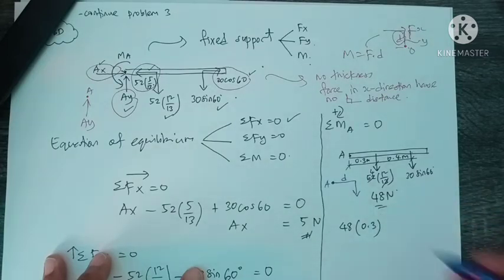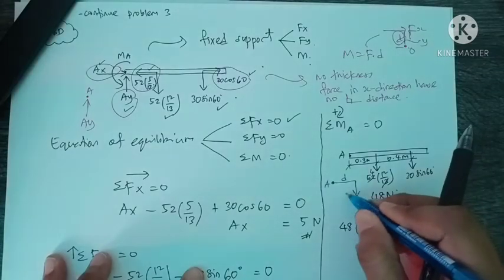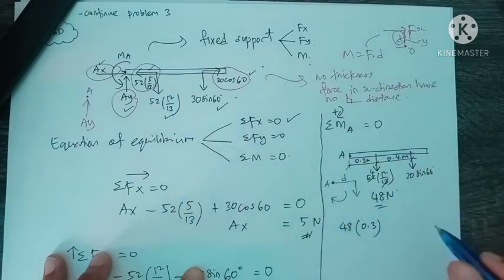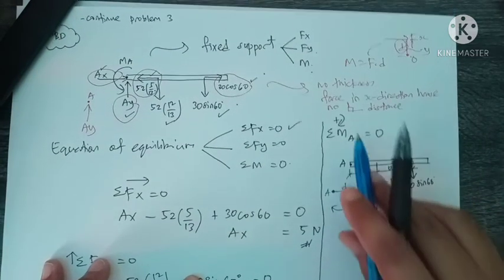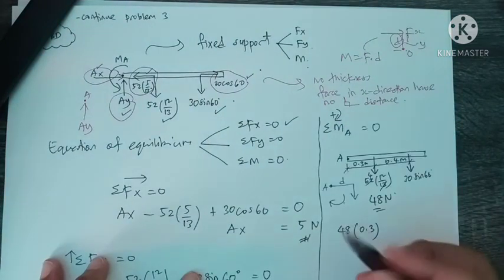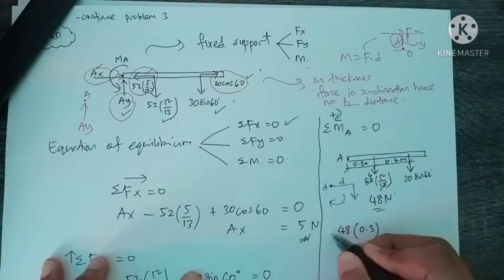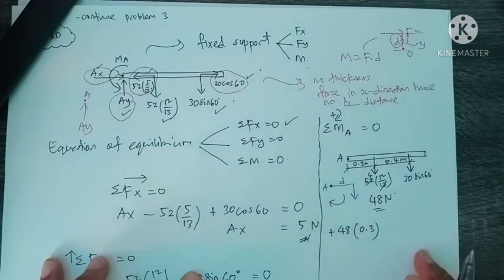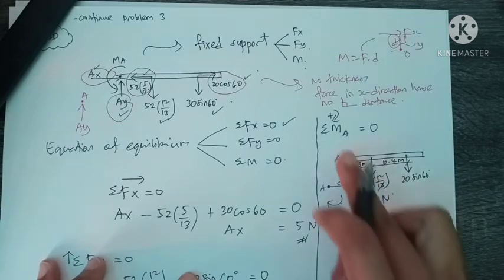How about the rotation? The rotation here is clockwise, and the reference is also clockwise, so we indicate it as positive. So 48 times 0.3 is the first component of moment in this equation.